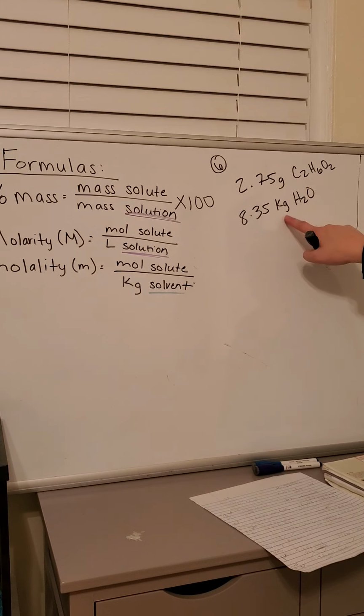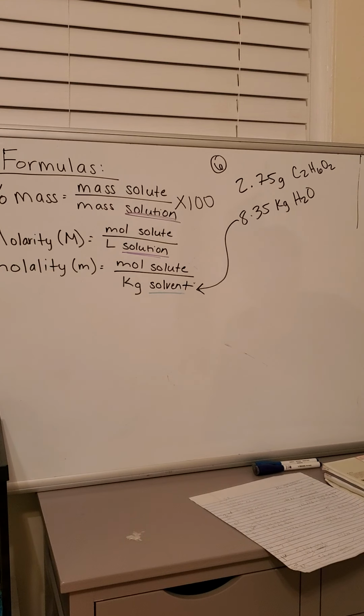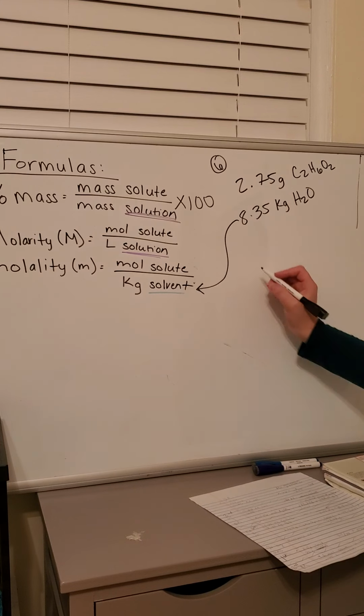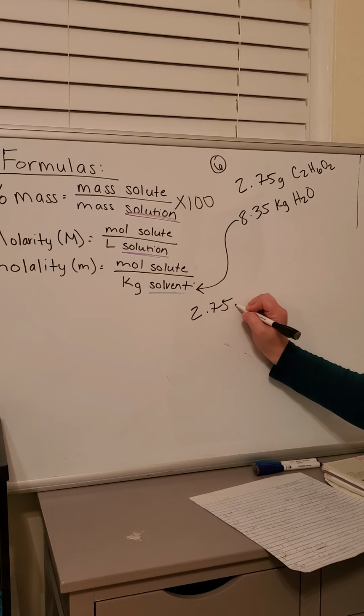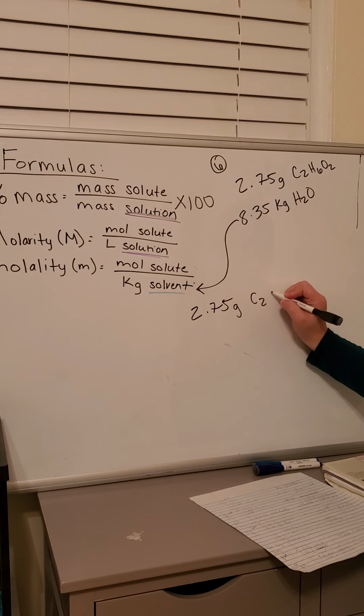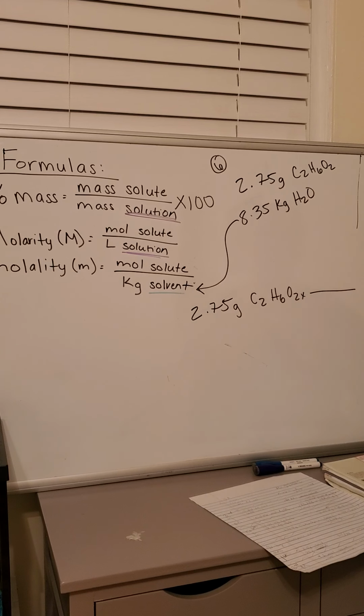This one is good. We don't have to do anything to this one because it's already in kilograms. Now, this one right here is in grams, so we have 2.75 grams of C2H6O2. Now, we have to get that into moles. In order to go from mass to moles, again, molar mass.